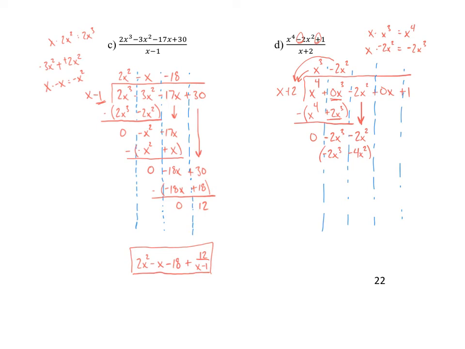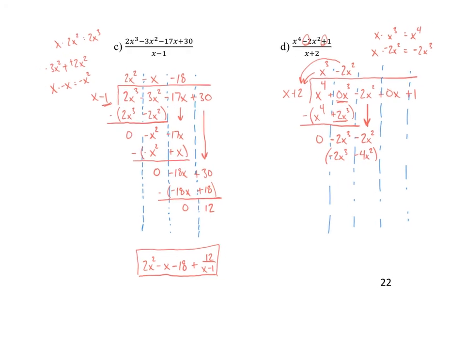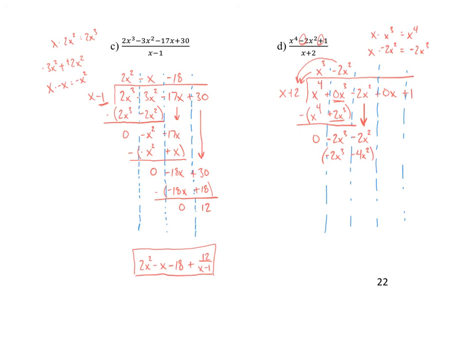Okay, I'll do the subtraction off to the side. We're doing negative 2x squared minus negative 4x squared. That's the same thing as adding a positive, so it's negative 2x squared plus 4x squared, which is 2x squared.